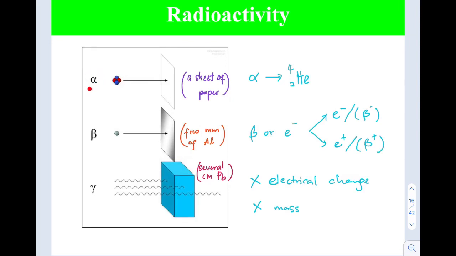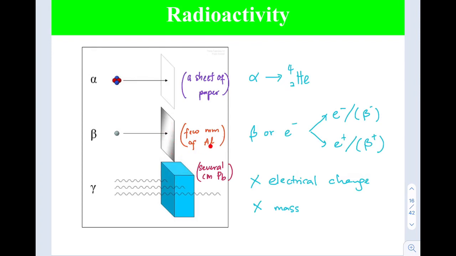For example, alpha, since it is quite big in mass and charge, can only penetrate a sheet of paper, and then it is captured there because its energy is gone. Beta can penetrate the paper as well as a few millimeters of aluminium. This is the maximum.